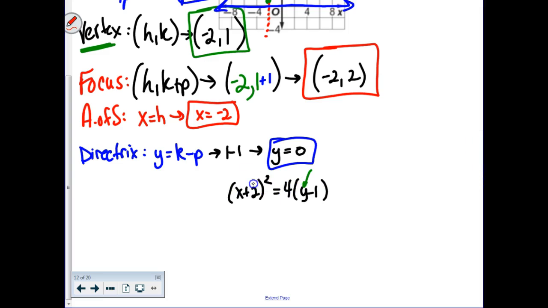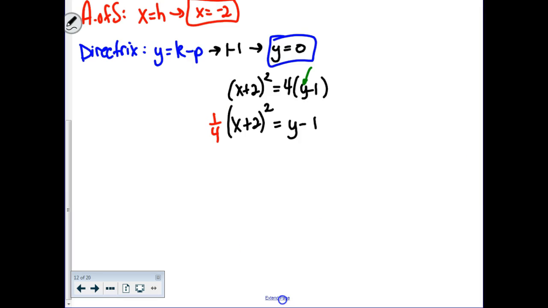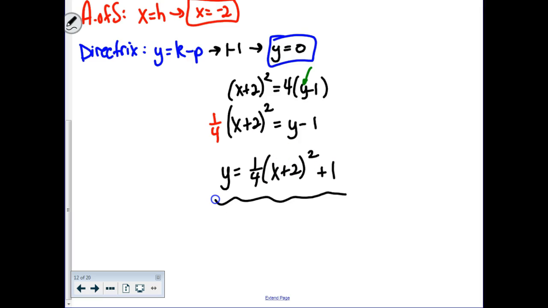Yep, multiplying both sides by 1/4. And then your final step is going to be just adding that 1 over. So finally, I'm going to say y equals 1/4 times x plus 2 squared, and then we added the 1 over, plus 1. This is our parabola that we're supposed to find a point for.